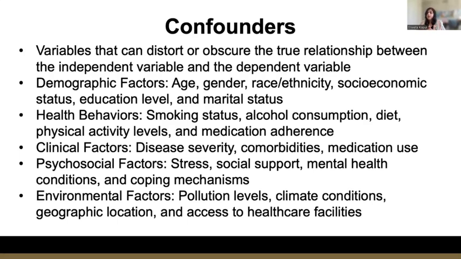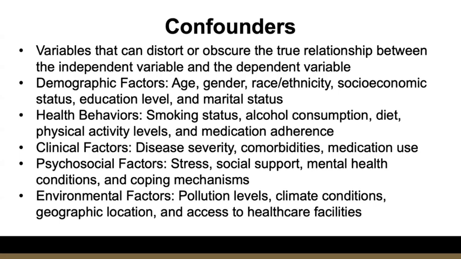And then we can also have clinical factors like the severity of the disease, any pre-existing comorbidities, medication use. We can have psychosocial factors such as stress, social support, mental health conditions, and coping mechanisms that can confound the results as well.